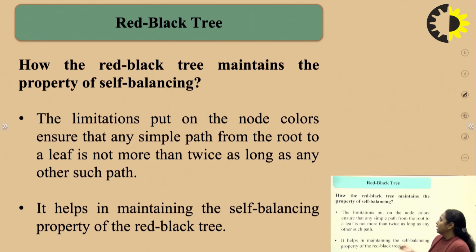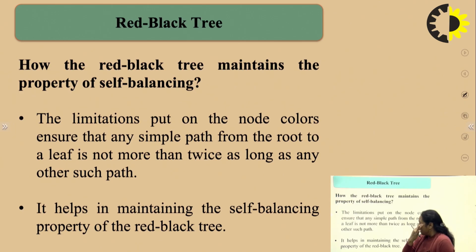Now, how does a red-black tree maintain its self-balancing property? This self-balancing property is maintained by putting limitations on the node colors, by ensuring that the simple path from each leaf node is not more than twice as long as another such path.